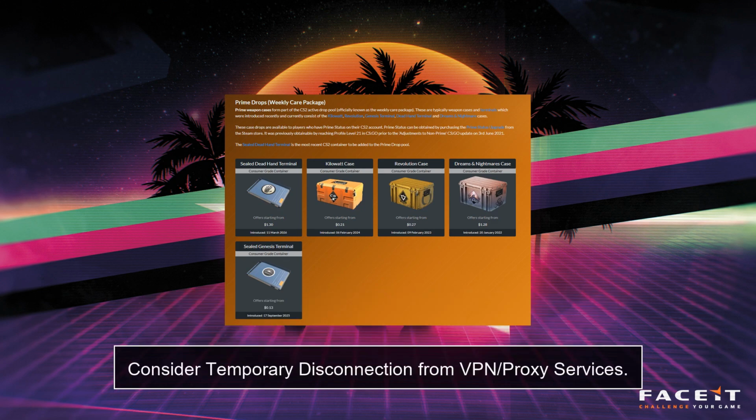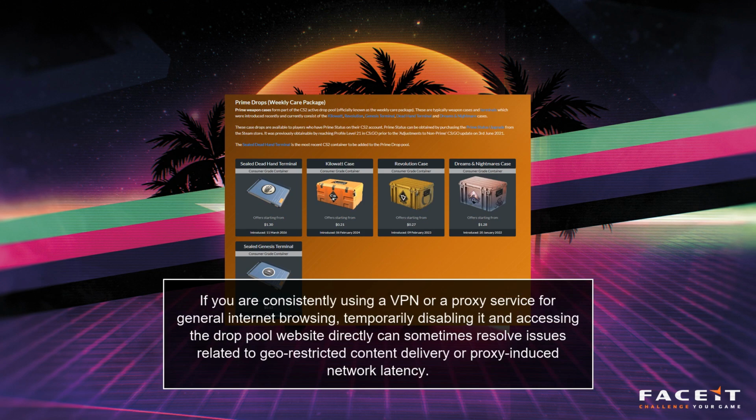Consider temporary disconnection from VPN/proxy services. If you are consistently using a VPN or a proxy service for general internet browsing, temporarily disabling it and accessing the drop pool website directly can sometimes resolve issues related to geo-restricted content delivery or proxy-induced network latency.